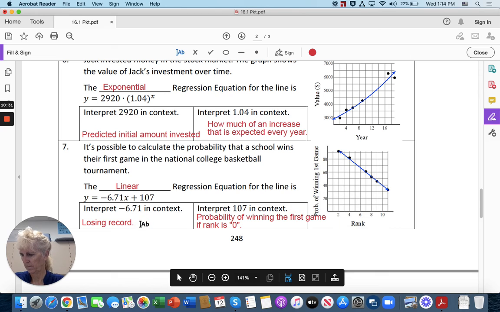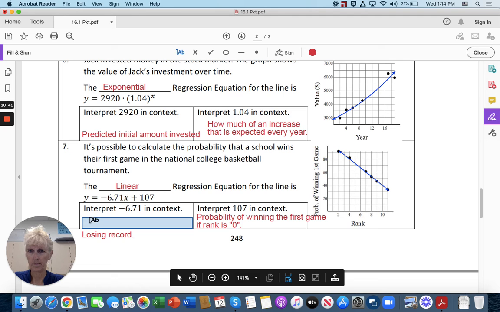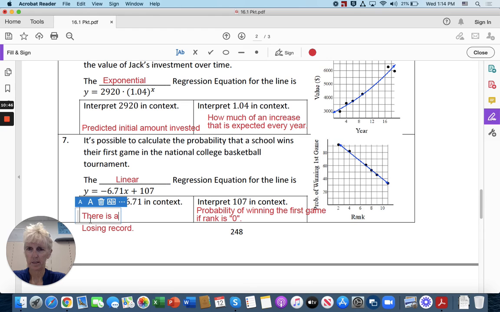Okay, so this one says, let's see, there is a 6.71 decrease in probability as rank increases by 1.